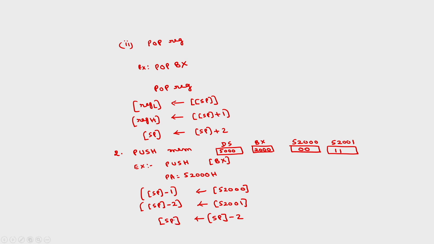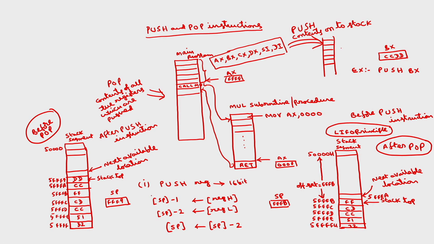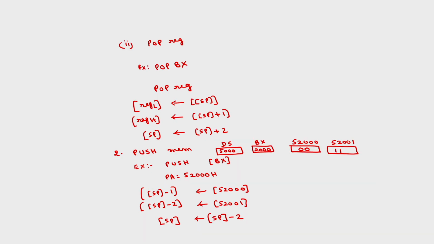This is same as that register. Also this is contents of. So because SP is say for example FFFB, SP minus 1 becomes FFFA, but this is not FFFA. Inside that FFFA we are going to store. This is contents of again FFFA. So the contents have to be present here. So this is about push memory.